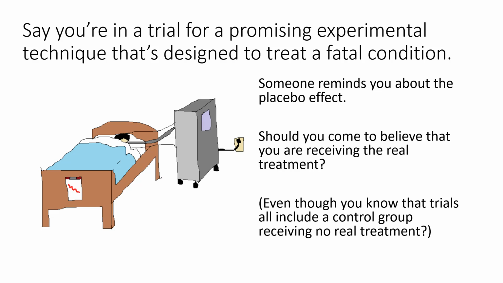Now, you're in the trial, and someone reminds you about the placebo effect. Someone reminds you that sometimes people who are taking inert substances are cured just because they believe they're taking a promising cure. Should you believe that you're receiving the real treatment, even though you know that trials all include a control group where some people don't get any real treatment at all? They just get a placebo?